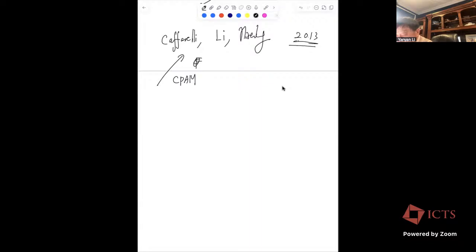Yes, 2013. Okay. So I will present a couple of pages there. It goes from 1225 to 1229. But I streamline some parts of the proof a little bit.